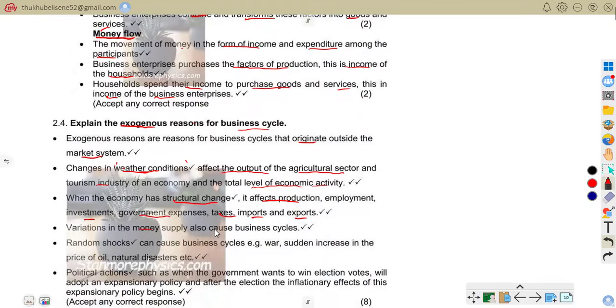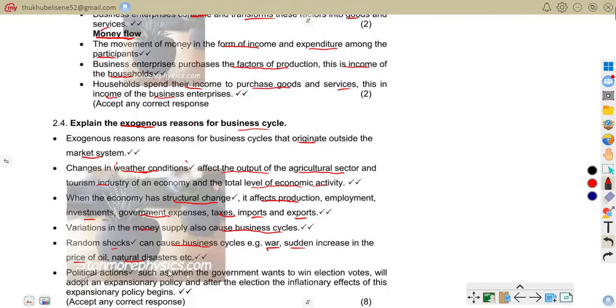Variations in the money supply also cause business cycles. So changes in money supply influence spending and investment. Random shocks can cause business cycles. For example, war, sudden increase in the price of oil, natural disasters, and so on.